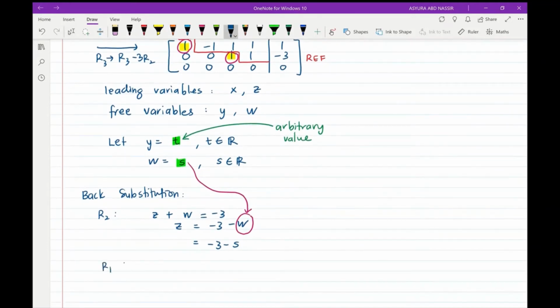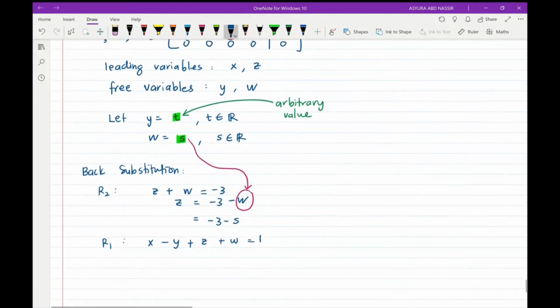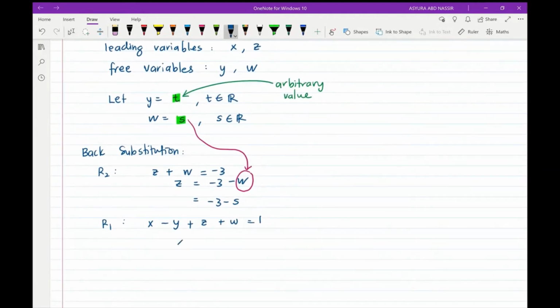Row 1 is x minus y plus z plus w equals 1. Make x the subject: x is 1 plus y minus z minus w. Substitute the values that you have here for y, z and w.